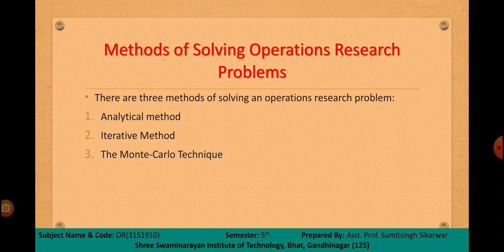In the analytical method, we use mathematical techniques such as differential calculus, probability theory, etc. to find the solution of a given operation research model. The method is known as the analytical method and the solution is known as the analytical solution. Examples are problems of inventory models. This method evaluates alternative policies effectively.